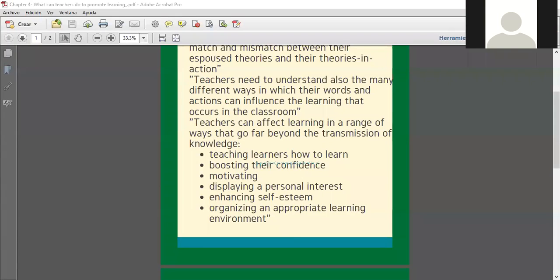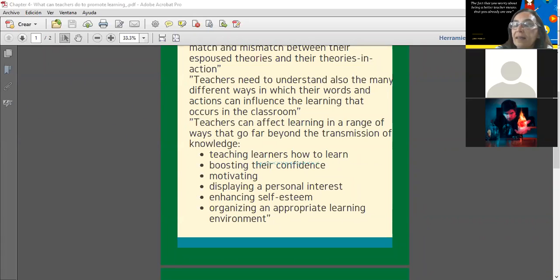I have a question regarding the last point, organizing an appropriate learning environment. For example, when we plan our lessons and we consider the difficulty of the activities and how we grade them from the easiest to the hardest, is that related to organizing an appropriate learning environment?